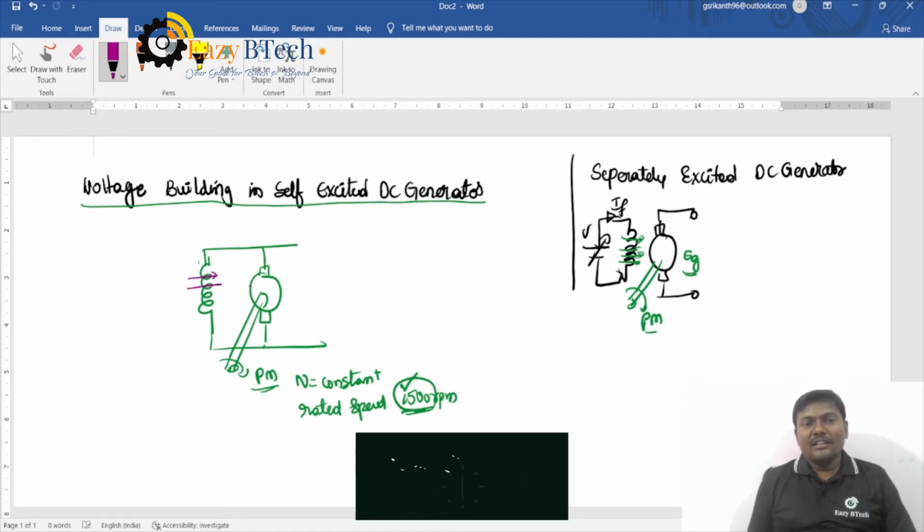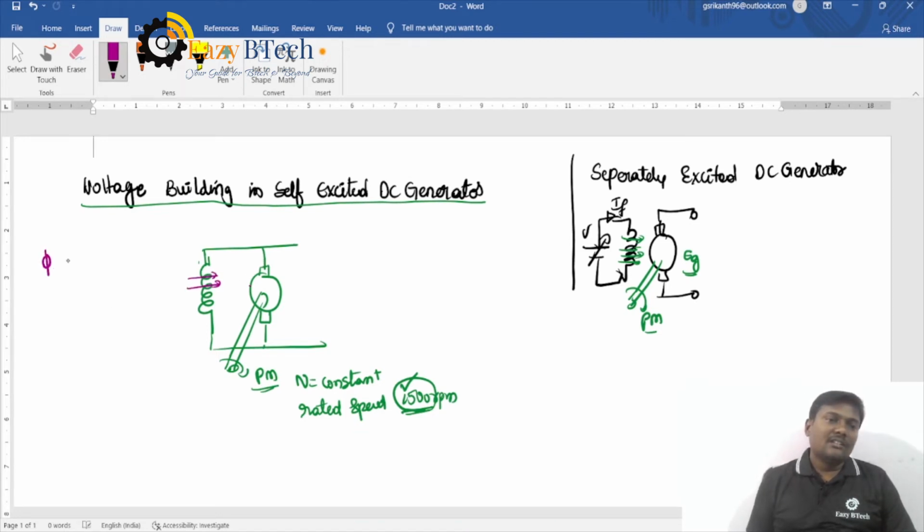Some flux will be retained. Some flux is retained means some flux is present even if the field current is 0. Even though the field current is 0, some flux is present because of its magnetic material property.